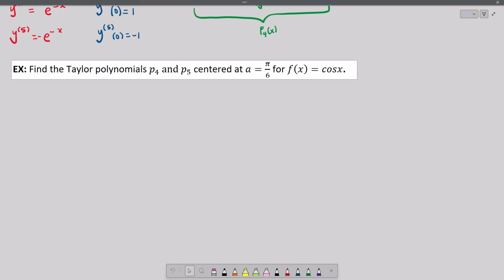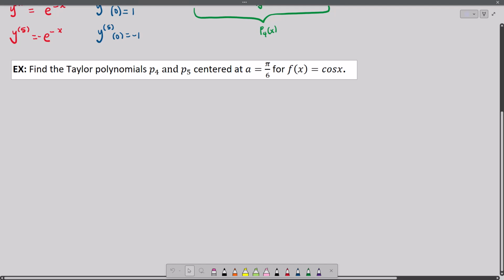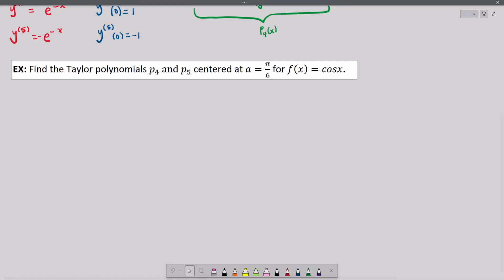If the center is 0, there are sometimes other ways to create your Taylor polynomial. So just keep that in mind. If the center is not 0, you should definitely just start taking derivatives and use this constructive process. So let's go ahead and take a look at this one.